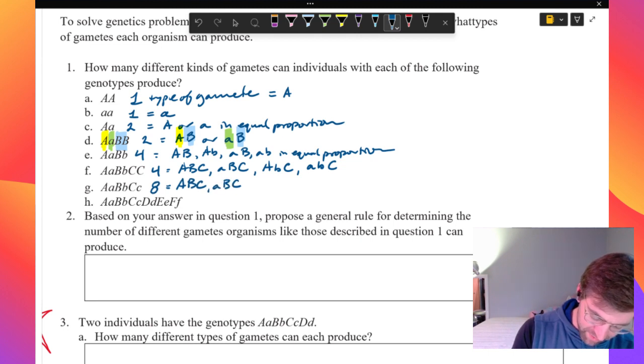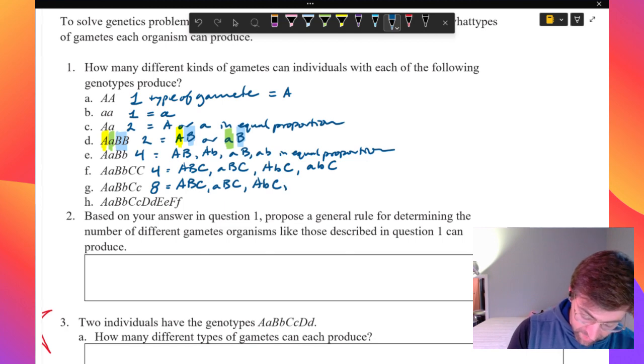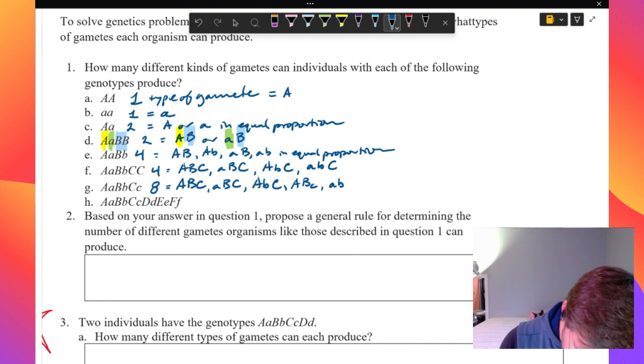A, B, C, A, B, C, A, B, C. And we've got 2, 3, 4, 5, 6, 7.